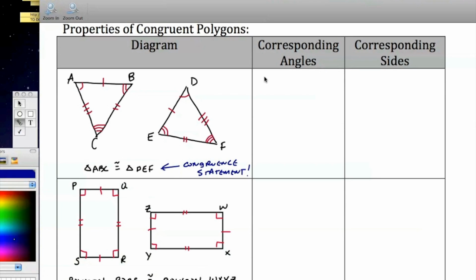So what I can say is angle A is congruent to angle D. Okay?